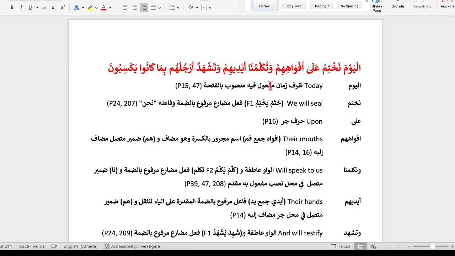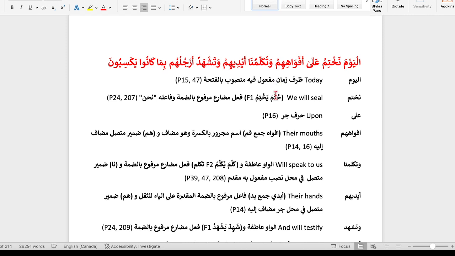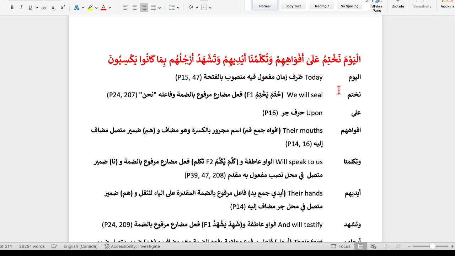This maf'ul describes the time or place of action. So zarfu zaman means adverb of time. So today, nakhtimu, so the verb is khatama yakhtimu. Let's see how yakhtimu changes to nakhtimu.